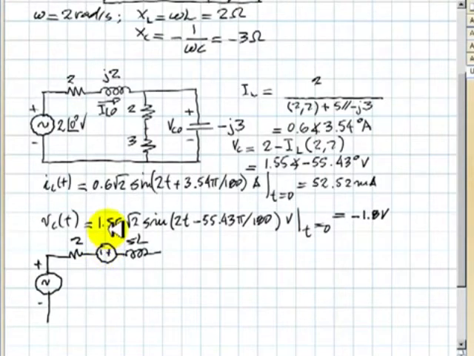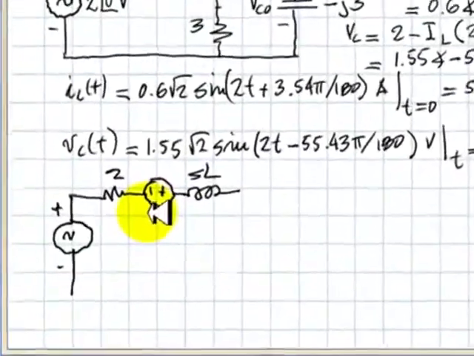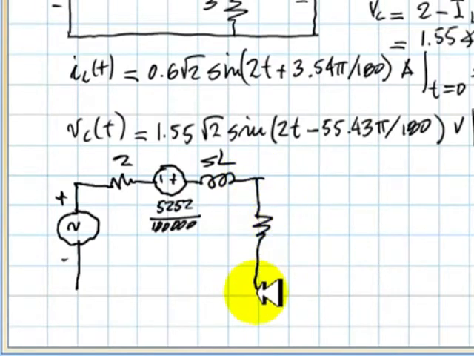L is 1 Henry and IL naught is 52 milliamps. Allow me to write it like this, so I use integer numbers, which is better for the calculator. For t greater than 0, we have only the 2 ohm resistor.